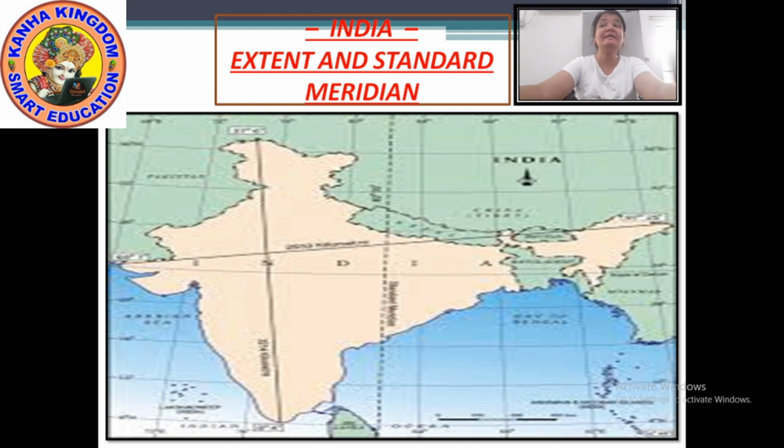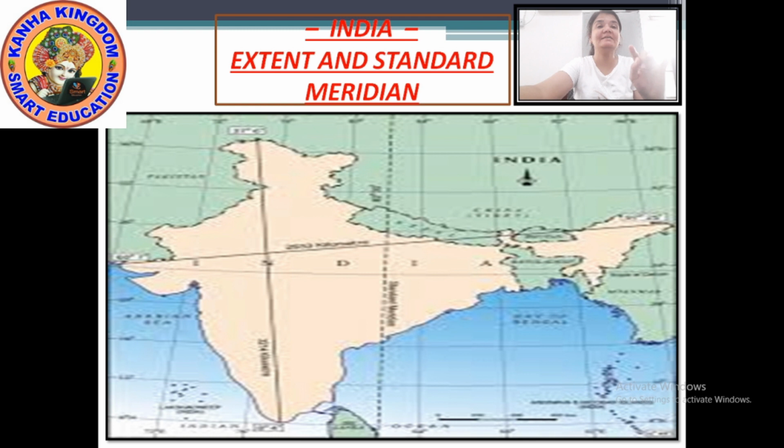Despite this fact, the east-west extent appears to be smaller than the north-south extent. Now look at the picture. The line which you see passing through, you will find that the extent from west to east is smaller than the north to south. Here the line passes from west to east, that is from Gujarat to Arunachal Pradesh.